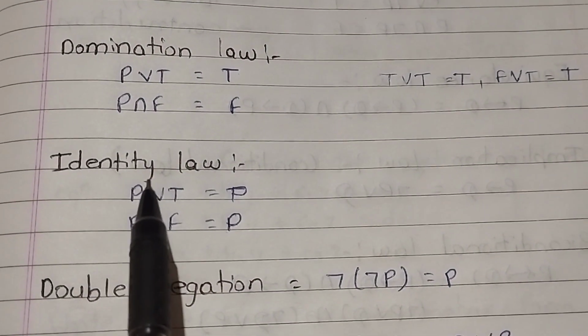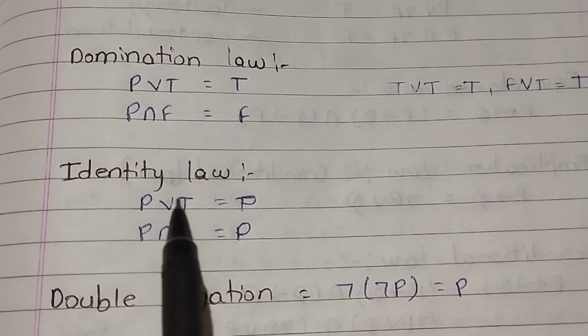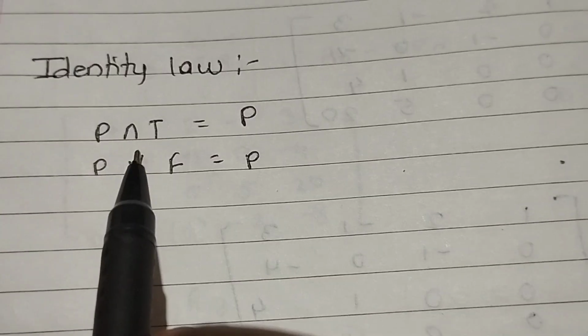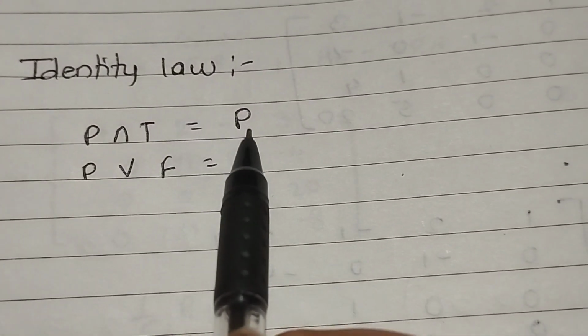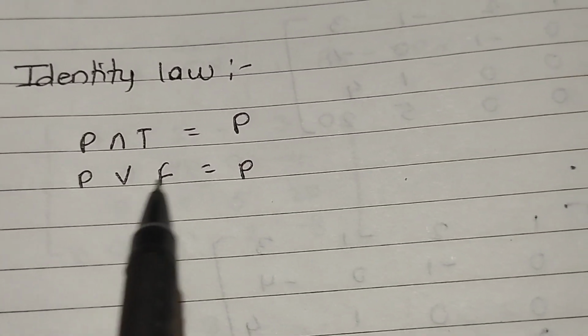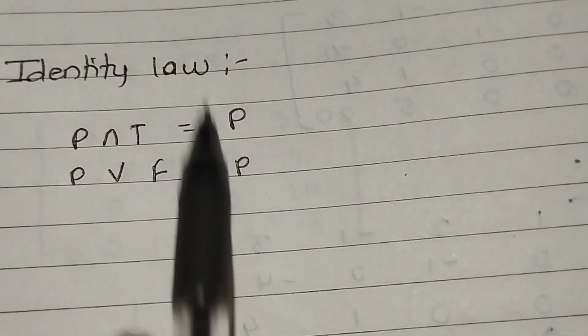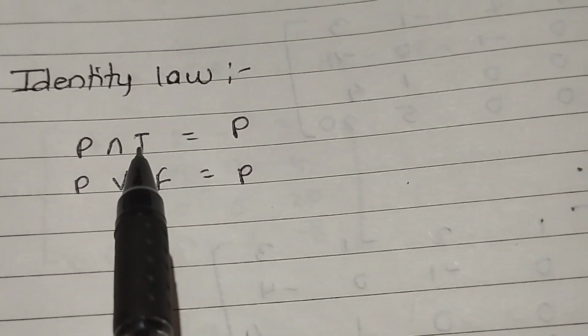Now the second is the identity law. P and T is equal to P, or P or F is equal to P. Again we check whether the law is true or false.